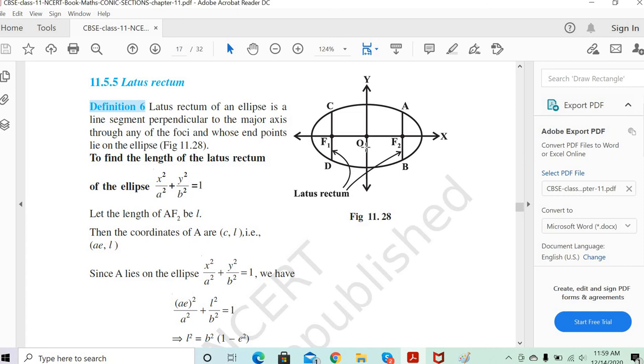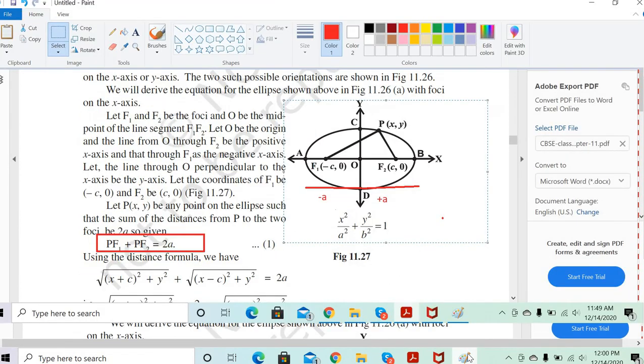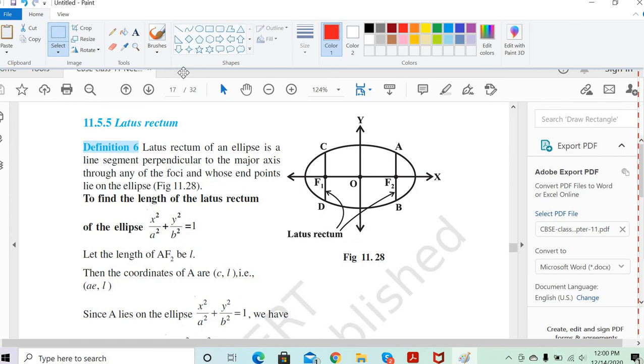It's basically a line segment perpendicular to the major axis through any of the foci. So you see the CD and the AB. CD and the AB are nothing but the latus rectums, correct? So CD and the AB are called the latus rectum of the ellipse.